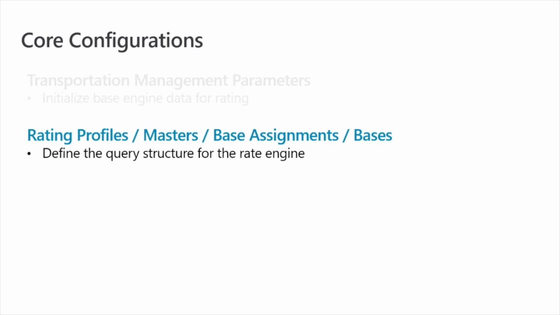So when we initialize or trigger a rate within the transportation management system, it is going through this query structure, or this logic of all of these different configuration forms, to eventually return a result to us, which is an actual freight charge or a rate for what we are rating.